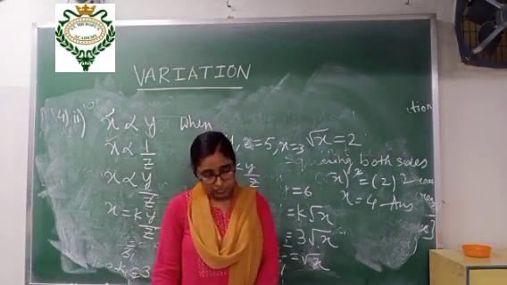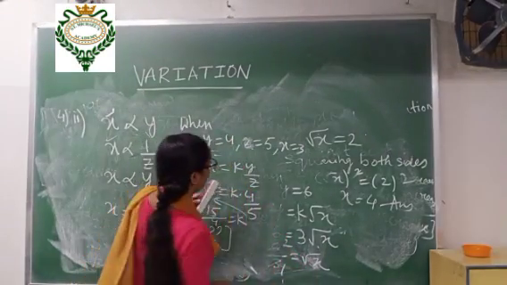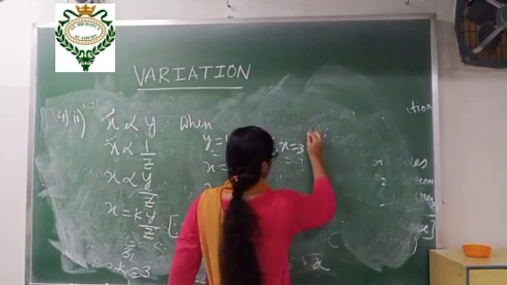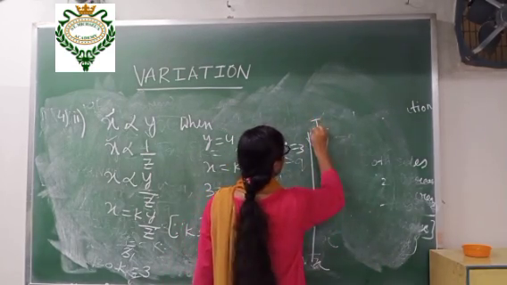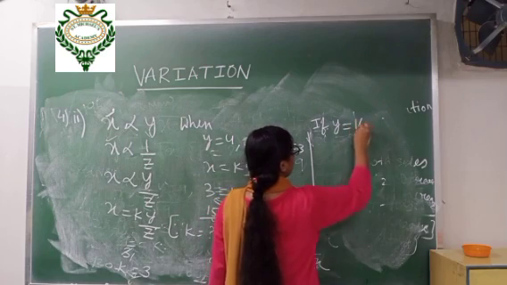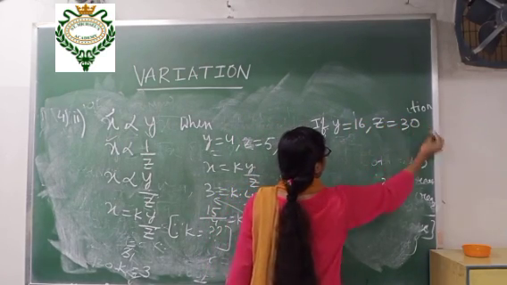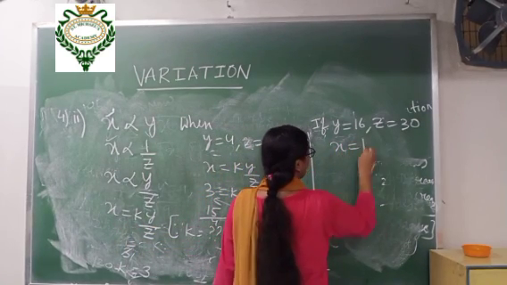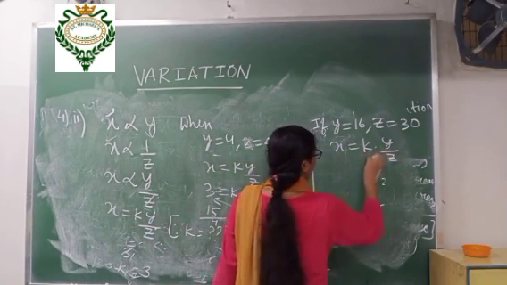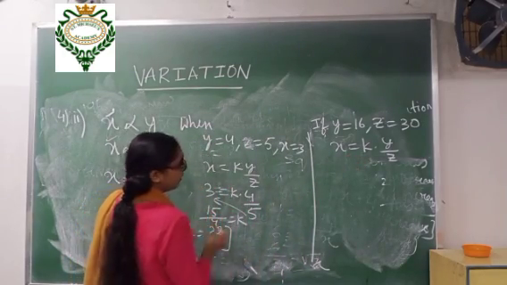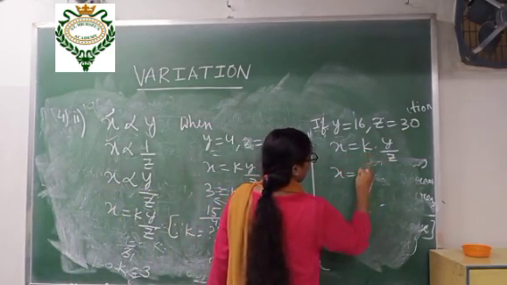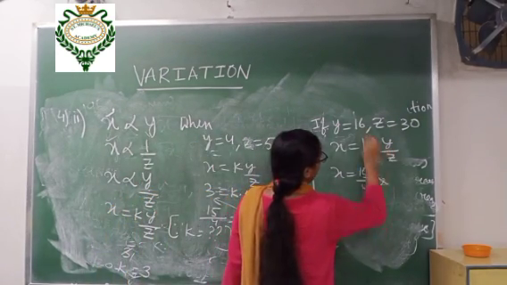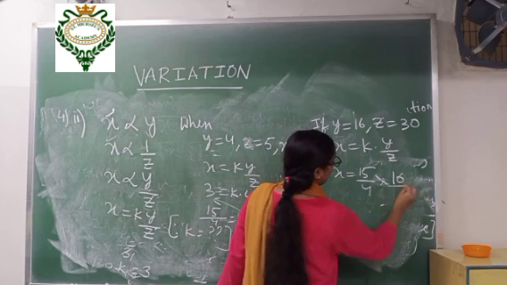In the second part they are saying, again if y equals 16 and z equals 30, let us calculate the value of x. First again we will write x = ky/z. The k value we got from here is 15/4. The y value is 16 and the z value is 30.